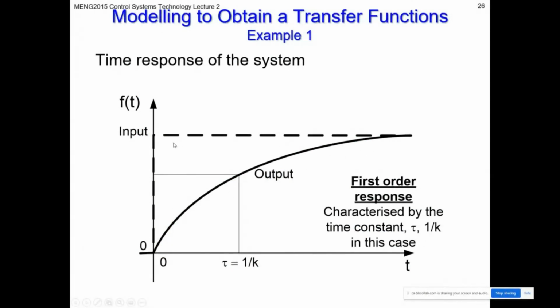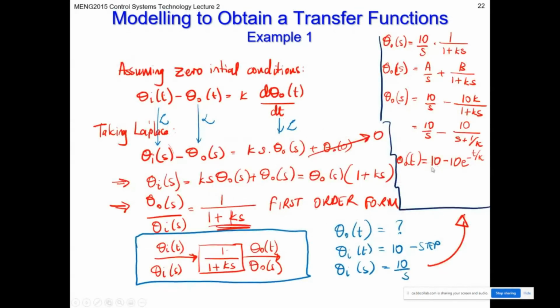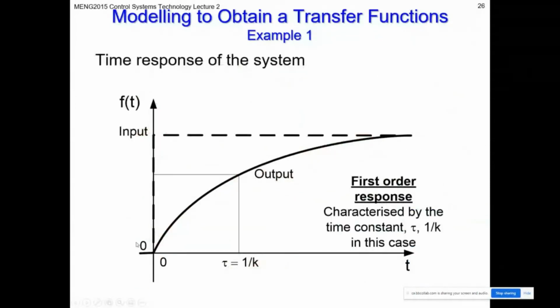Let's think about what this input and output is doing. Well, at time equals 0, e to the 0 is 1. So at time equals 0, this exponential term is going to be 1. So you get 10 minus 10. So at time equals 0, you get 0 from your response. Our input is 10, but our output at time equals 0 is 0.